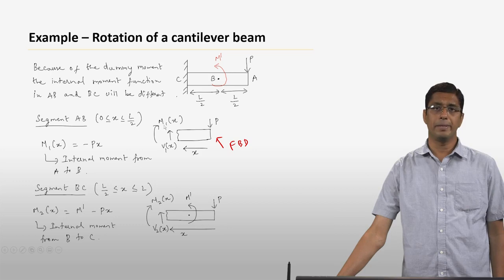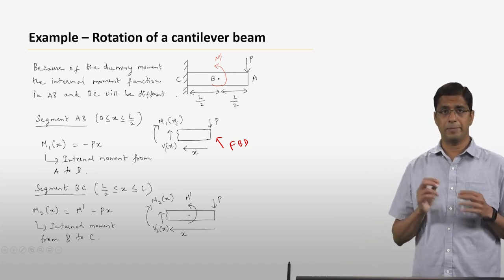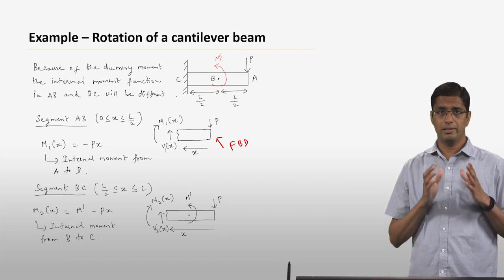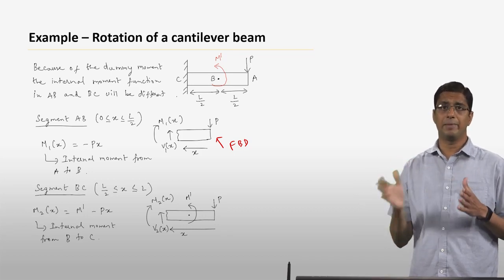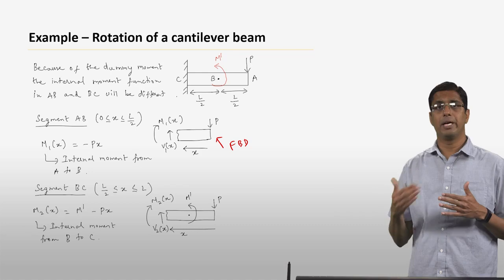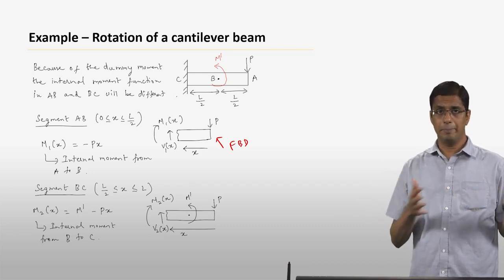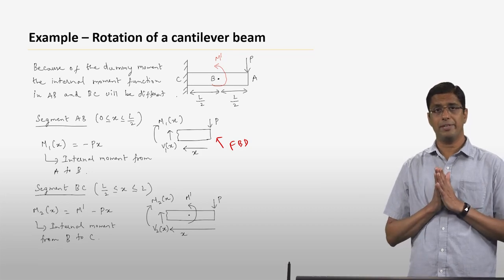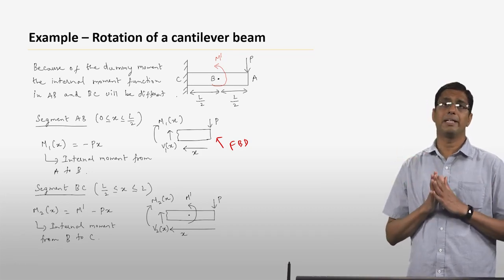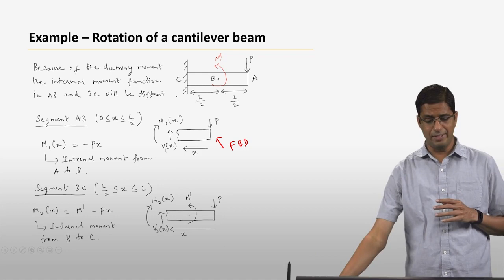And there is also going to be an internal moment M1 of x. I have used the subscript 1 here because this is the moment in the segment AB. I am going to use M2 of x to denote the moment that is in the segment BC. Okay, so the M1 of x is the internal moment in segment AB. That is actually very trivial to calculate.